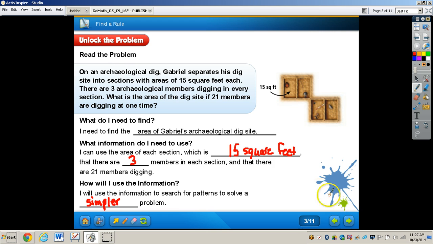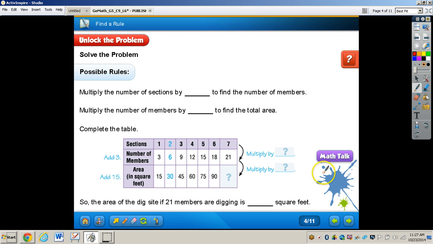Okay, for the solve the problem section. Okay, so we're going to take a look at solving the problem here, and we can see some possible rules. Multiply the number of sections by 3 to find the number of members. Multiply the number of members by 5 to find the total area.